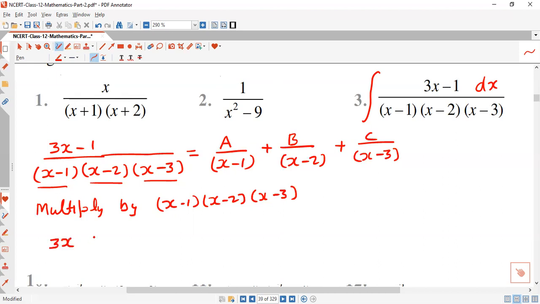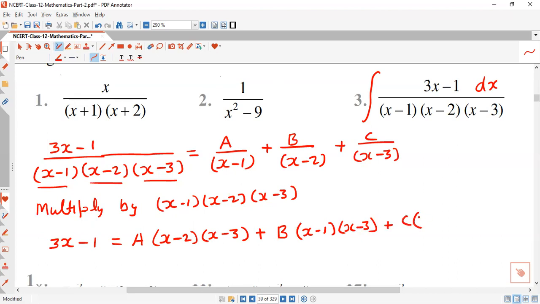3x minus 1 will be equal to a times x minus 1, x minus 1 cancels out, it comes out x minus 2, x minus 3, plus b times x minus 2 will cancel out, x minus 1, x minus 3, plus c times x minus 1, x minus 2.